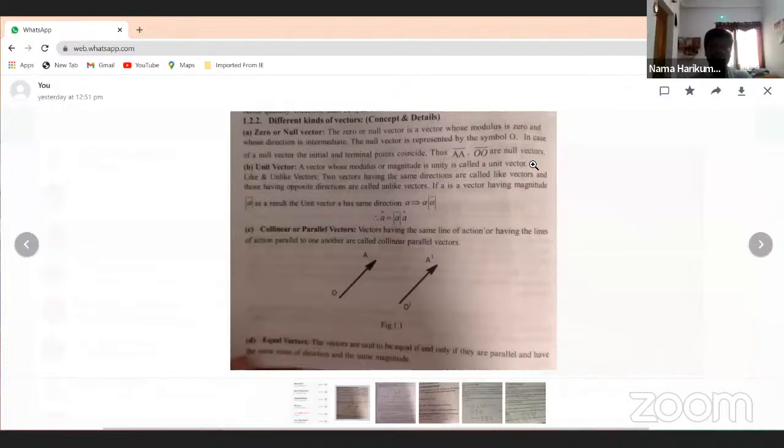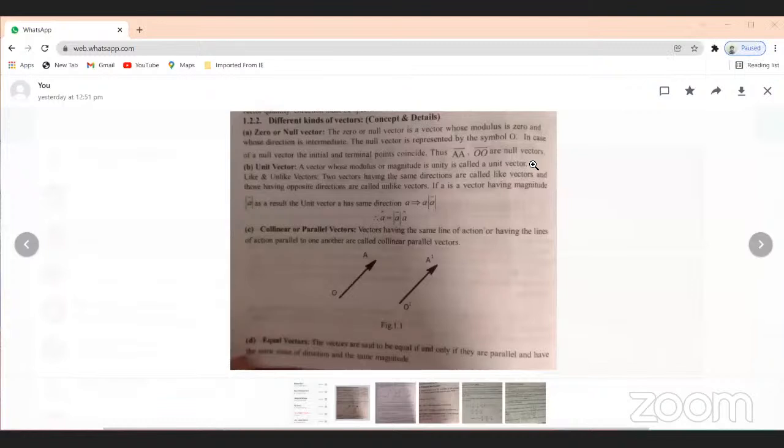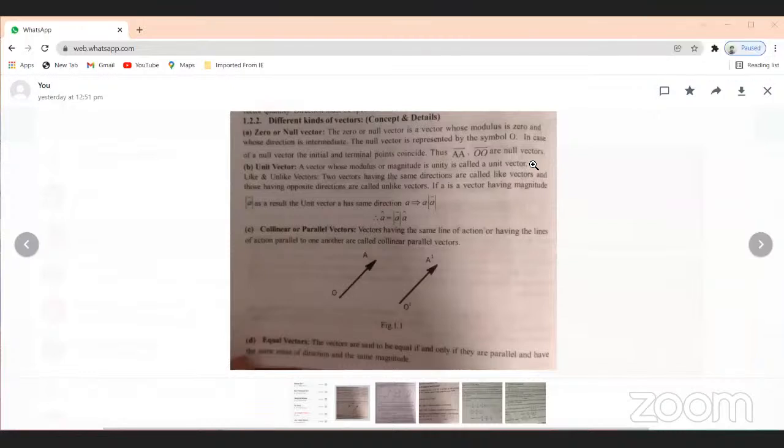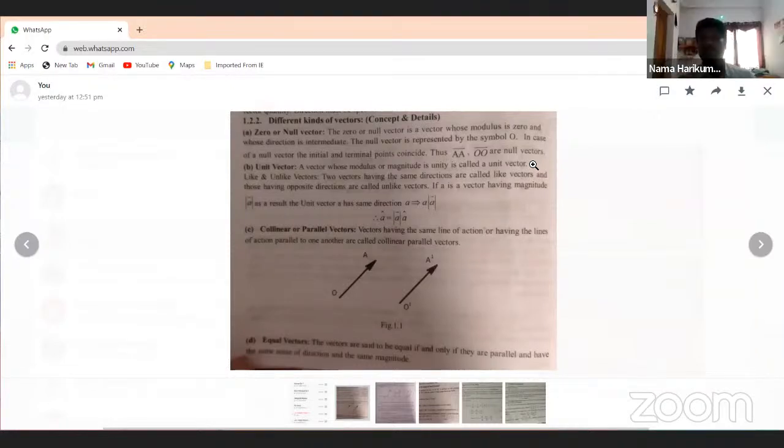Next one is equal vectors. Equal vectors means the propagation of two vectors is equal and moving in a parallel direction with the same magnitude also.